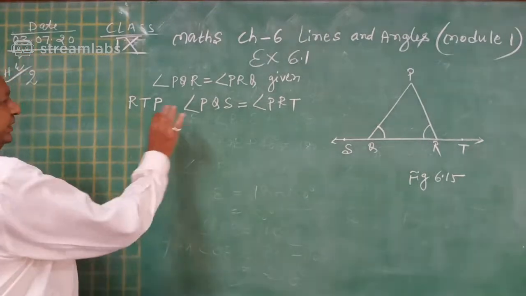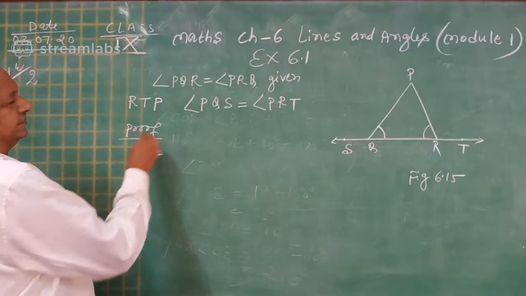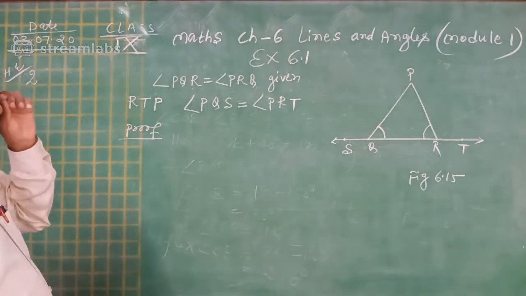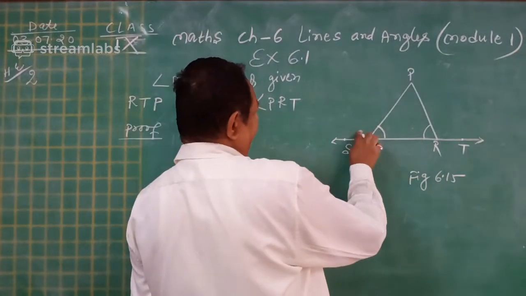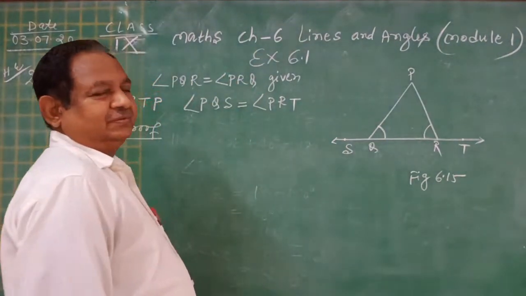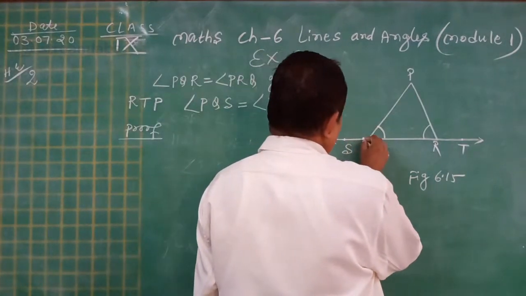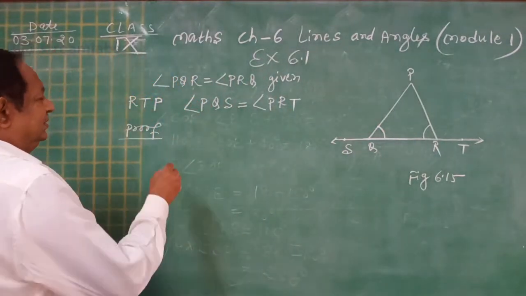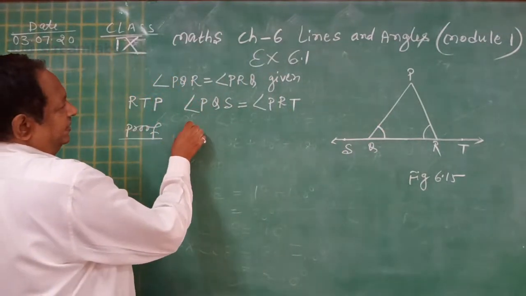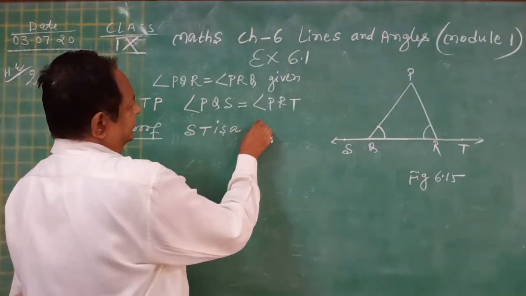Now proof. No need of construction. Since ST is a straight line, the sum of these two angles will be equal to 180 degrees.